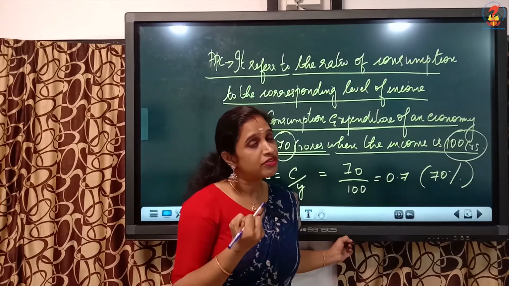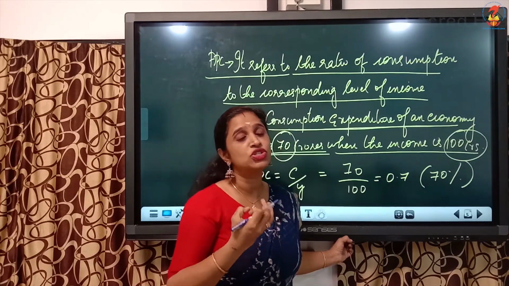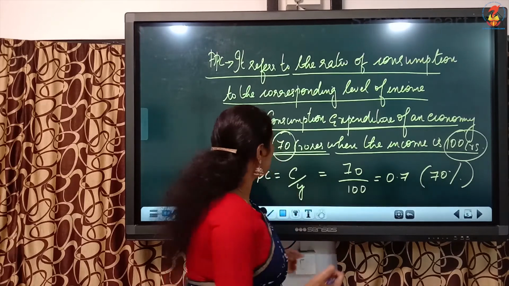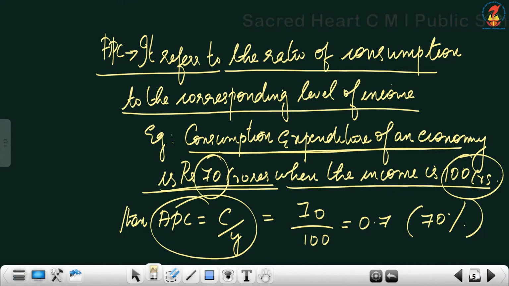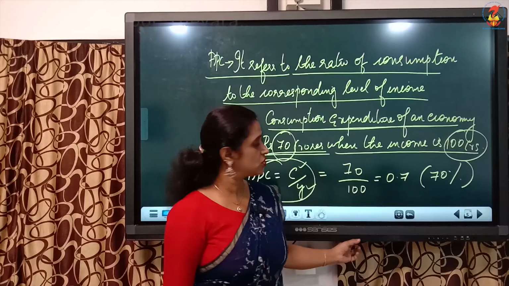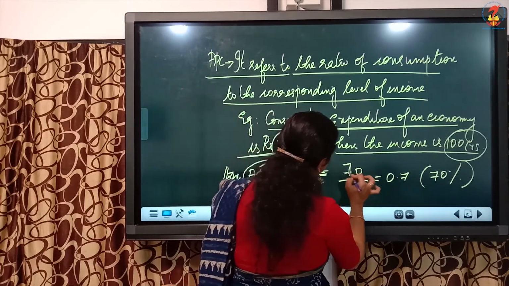So, what is average propensity to consume? It is a ratio of consumption to the level of income. So, how will you find average propensity to consume? It is C by Y. The next equation that you are going to learn is APC is equal to C by Y. That is ratio of consumption to the level of income. At a particular level of income, what is the ratio of consumption? So, it is C by Y, that is equal to 70 by 100.